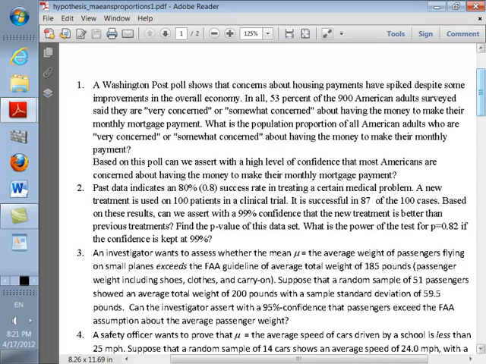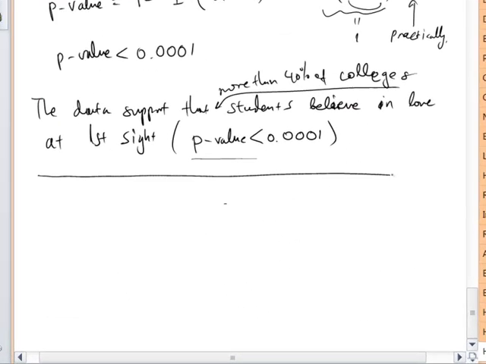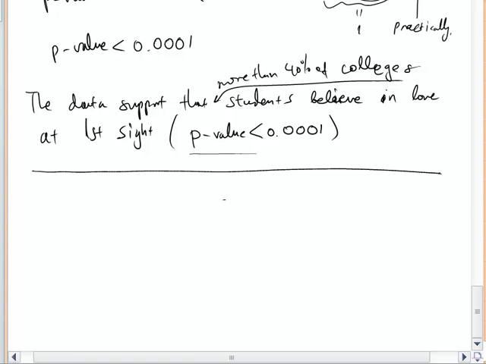Do less than 52% of all Americans, of all Americans, feel very concerned or somewhat concerned about having the money to make their monthly mortgage payment? So here again, I'm making a hypothesis test for the proportion. And the question is, do less than 52%.